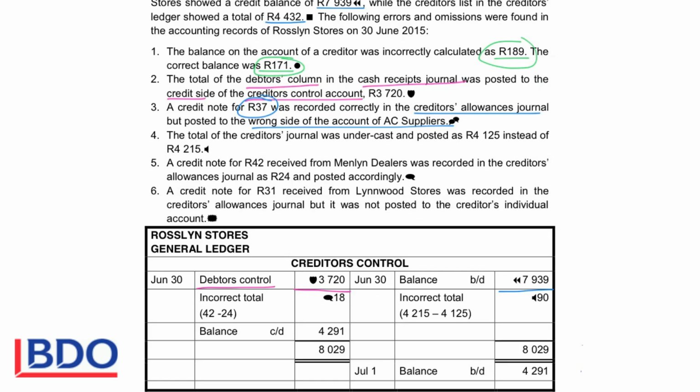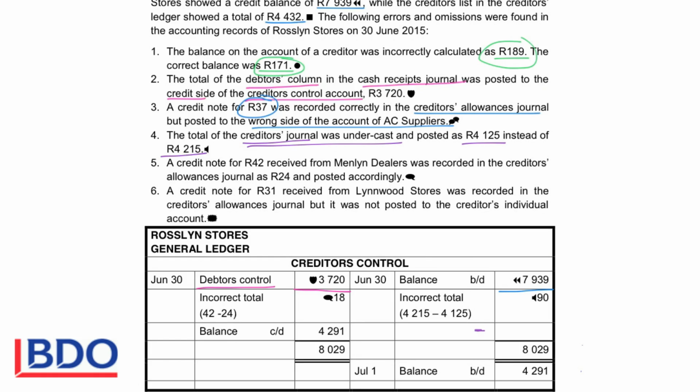The total of the creditors journal was undercast and posted as 4125 instead of 4215. If the total in a journal is incorrect, it means that there's only a mistake in the creditors control. If it's the creditors journal, it means that you did this entry on the credit side of the control account.